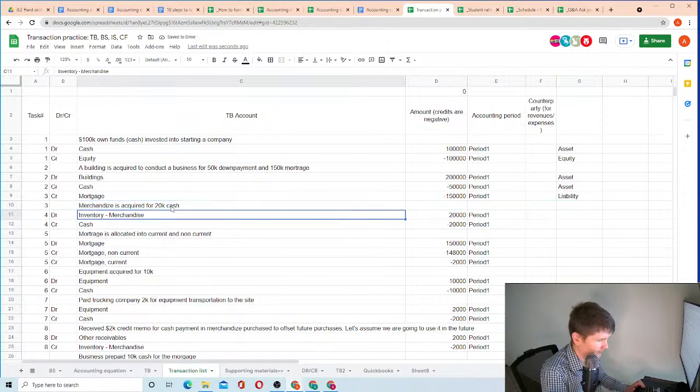We acquired inventory, and that's obviously an asset because we can get future economic benefits from it. And that asset increased.